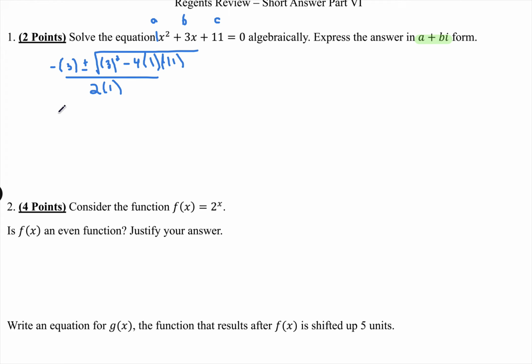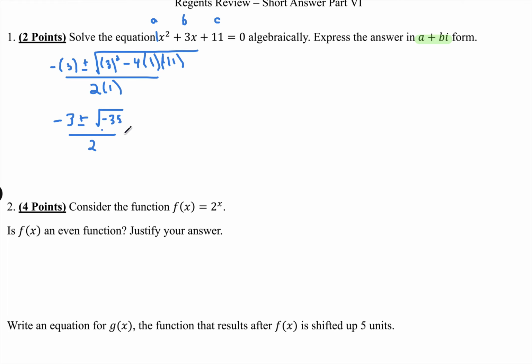When I bring this down, what am I left with? Negative 3 plus or minus. In this, I'm going to get what? 9 minus 44, which is going to give me the square root of negative 35. And that's all over 2.